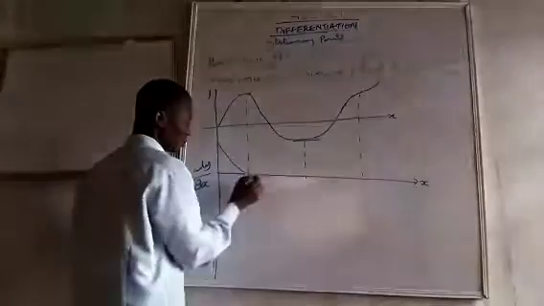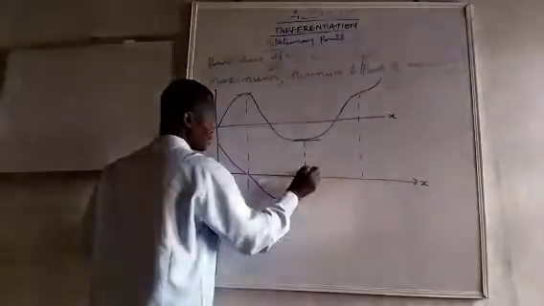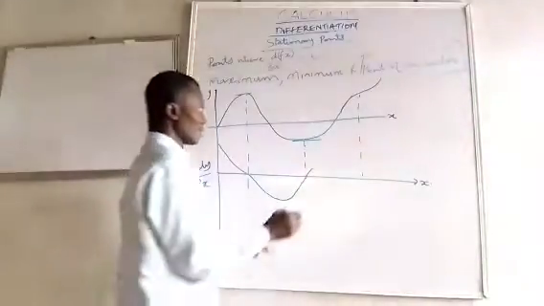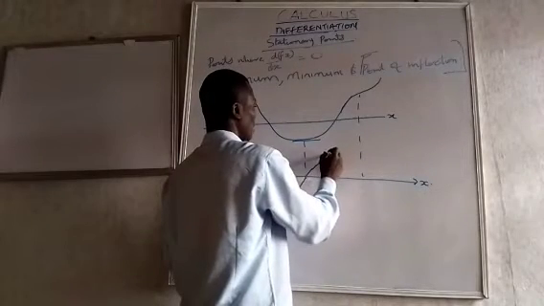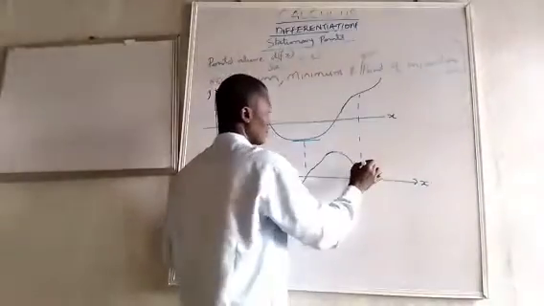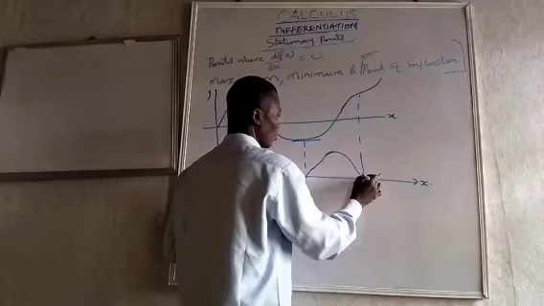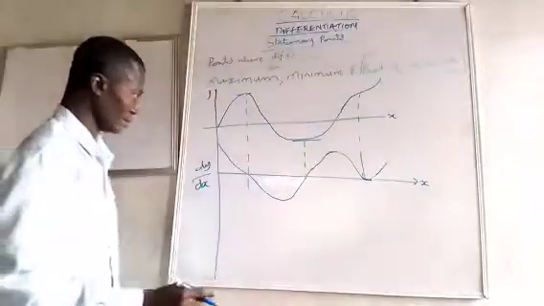After this place, it is reducing, so it is negative. All this place is negative. Now, it's positive. It is still positive, and it continues to be positive. You can see it just turned there. So that's what happened to dy/dx.